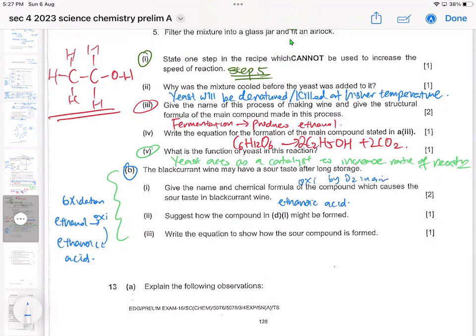Okay, and then to decide the formula, we always draw the acid structure first. Remember, this is the acid structure. And ethanoic acid has 2 carbons. So we do another extension out, put another carbon. So there's 1 carbon here, 2 carbons here. And then the rest is all hydrogen.